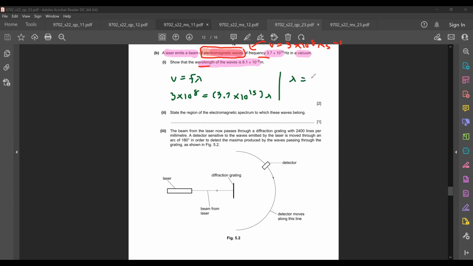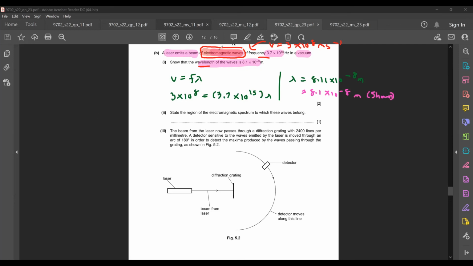You're going to get the wavelength as 8.1 times 10 power minus 8 meter. Round it up to 2 SF, it's going to be 8.1 times 10 power minus 8 meter. So this one is shown.